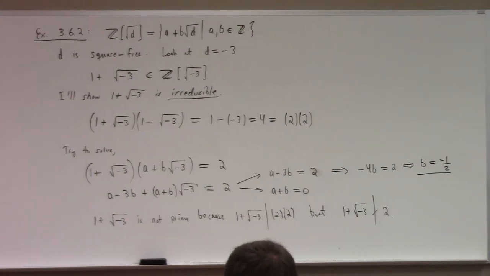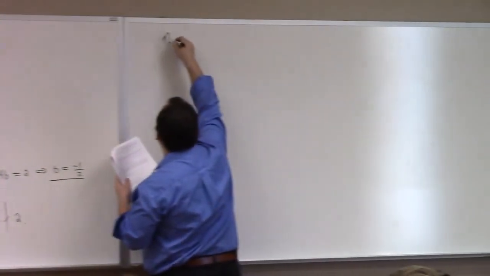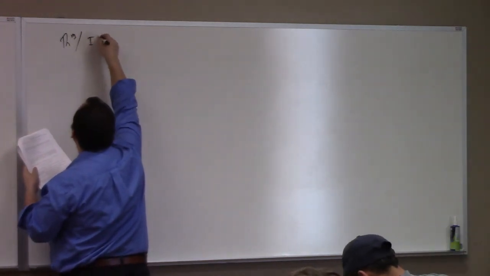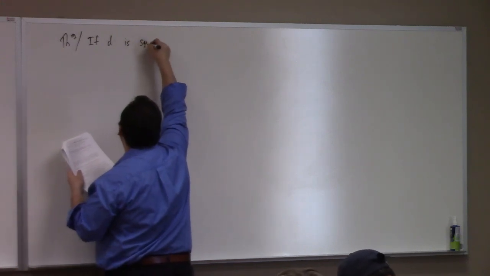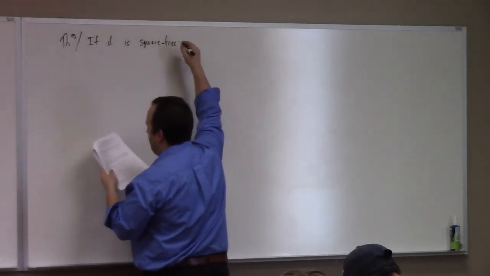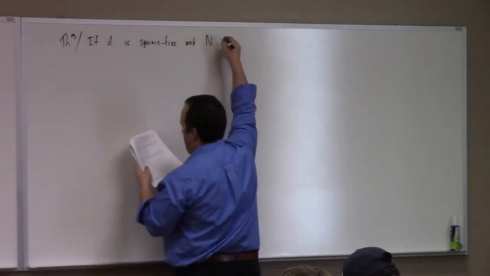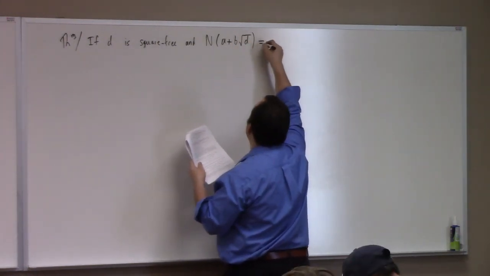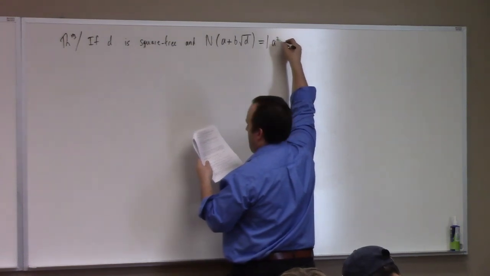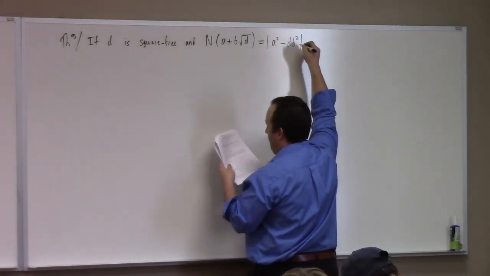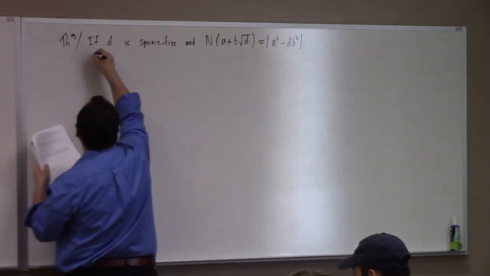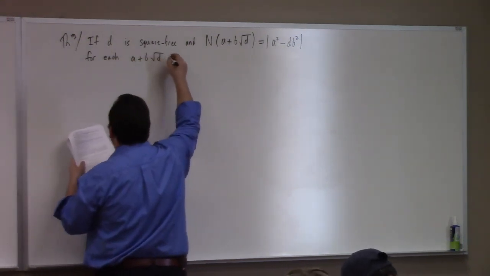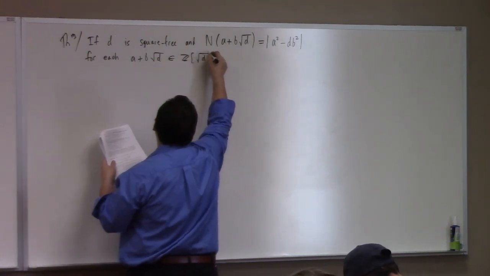For that, we use a theorem, which is your homework problem, and this is more generally true: if d is square free, and we define the norm of a plus b square root of d as equal to the absolute value of a squared minus d b squared, for each a plus b square root of d in Z adjoin root d.